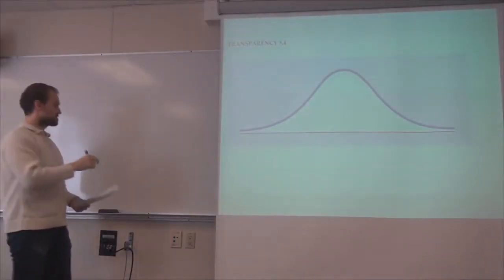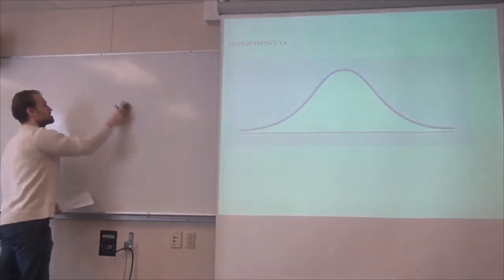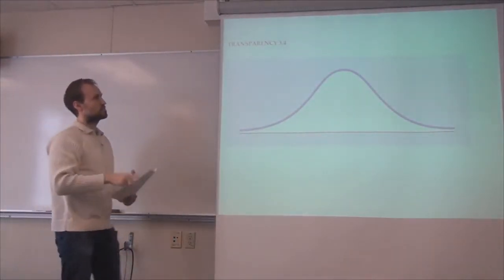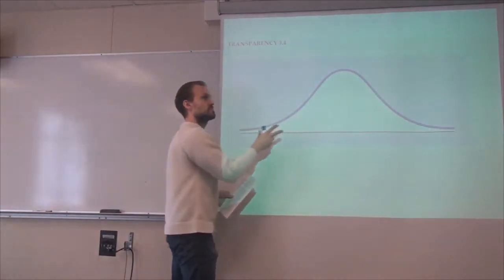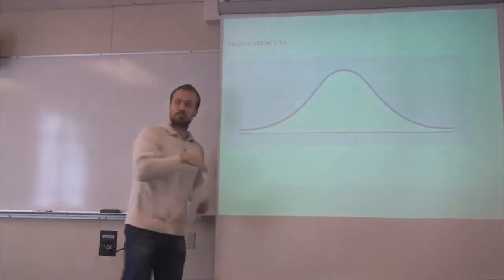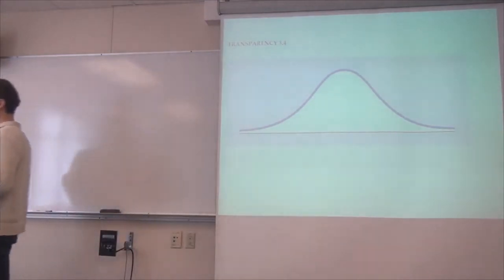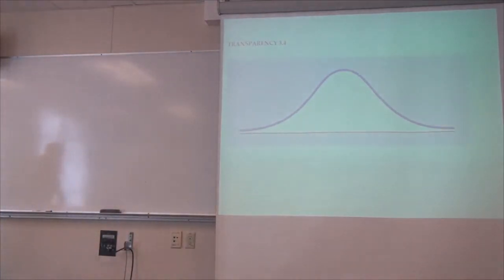And all of this might not seem very practical yet, but visualizing the normal curve with its sections and the Z scores and so on will make my life very much easier when we get to next week and tomorrow actually. All right.